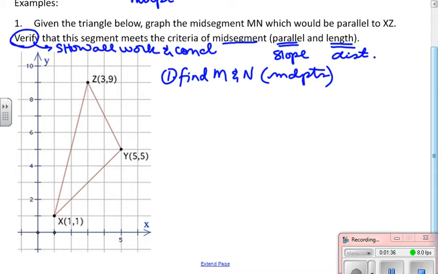So let's start with XY. XZ is where we're supposed to be parallel.